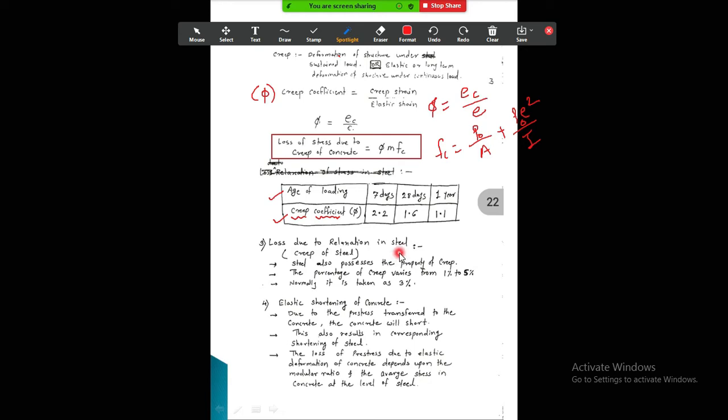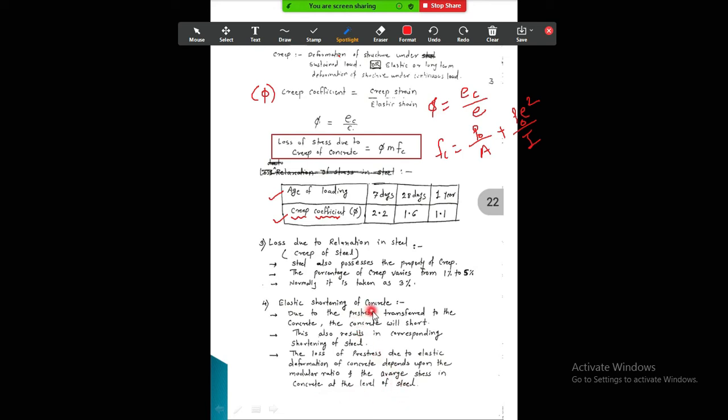Now the fourth loss is elastic shortening of concrete. Due to the prestress transferred to the concrete, the concrete will start shortening, and this also results in the corresponding shortening of steel. The loss of prestress due to elastic deformation of concrete depends upon the modular ratio and the average stress in the concrete at the level of steel.